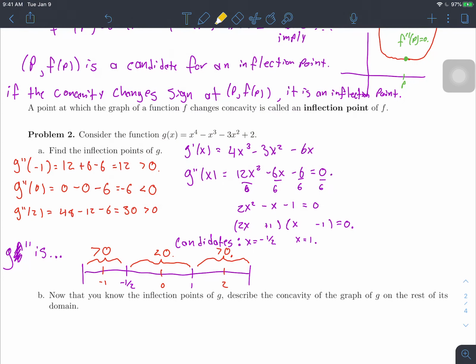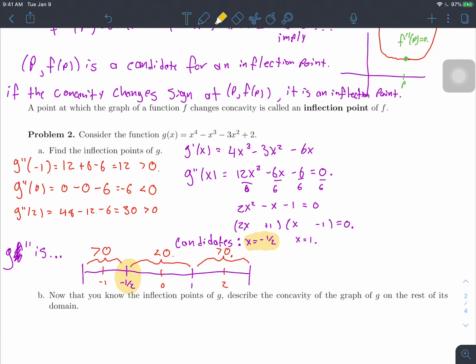Question for the class. Can we confirm that the candidate x equals -1/2 is indeed an inflection point? Does anybody disagree? Seeing some nods, yes.